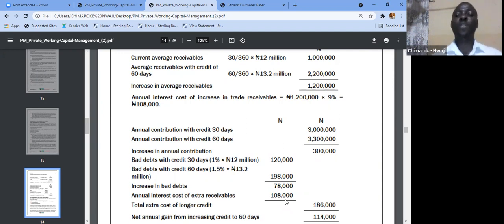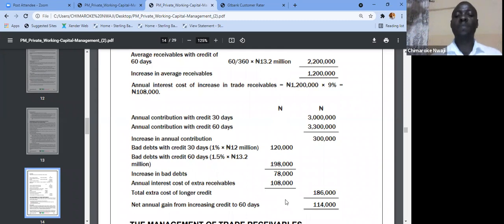Meanwhile, your extra contribution is 300. It means that if you minus 186 from 300, you are going to get an extra gain of 114,000. So in that instance, from this calculation, it makes sense to increase your credit terms from 30 days to 60 days because just that increase is bringing you additional gain of 114,000.